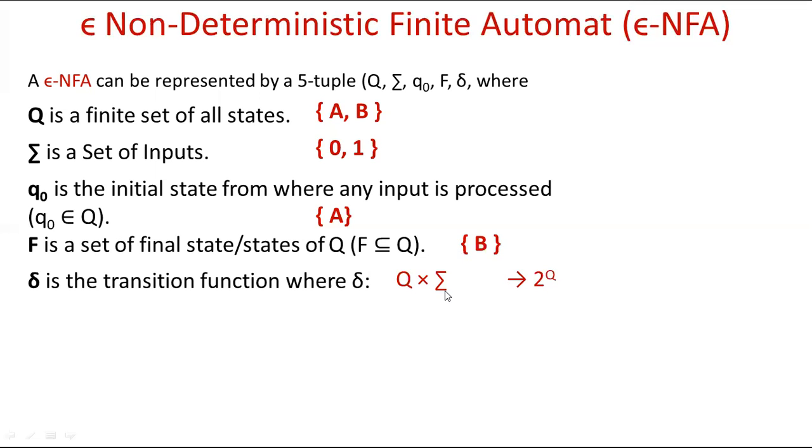So this was for our regular NFA. But in case of epsilon NFA, what we have is Q cross sigma union epsilon tends to 2 power Q. The meaning is that any state on getting an input or no input can go to any of the 2 power Q outputs, which is called an epsilon NFA.